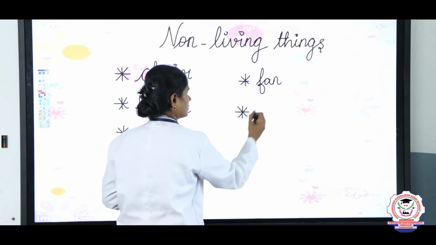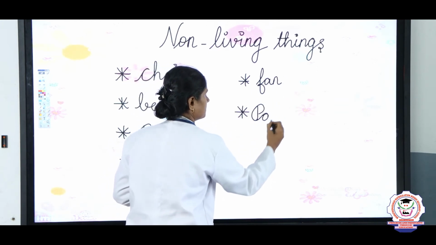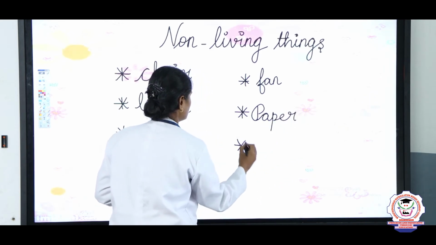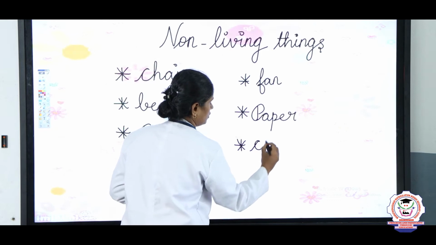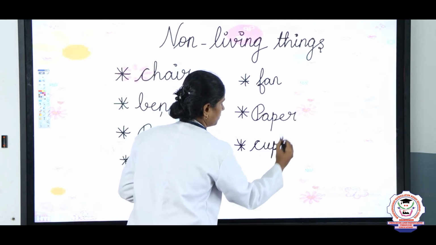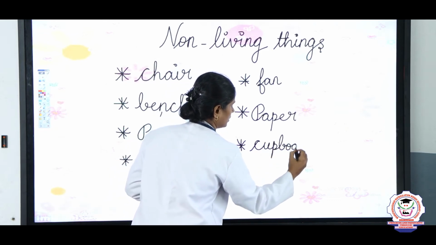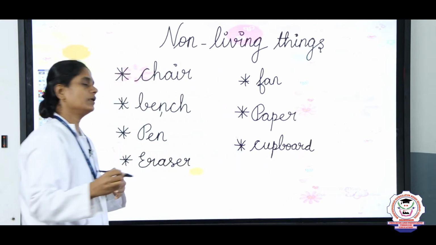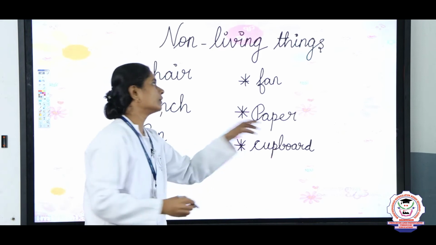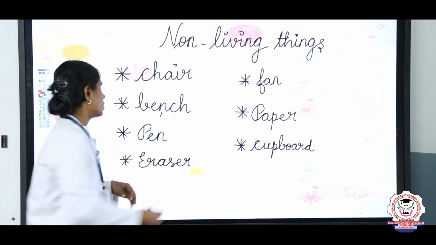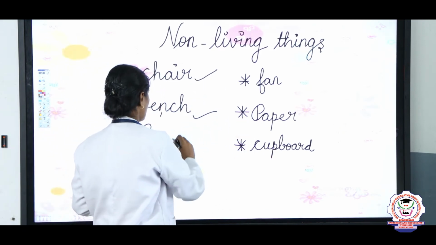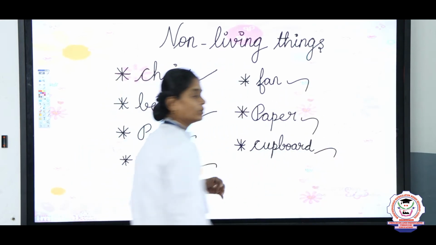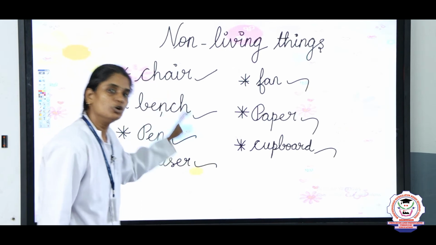And paper, P-A-P-E-R, paper. And then cupboard, C-U-P-B-O-A-R-D, cupboard. Right. So, these are all the non-living things that we saw: chair, bench, pen, eraser, fan, paper, cupboard.